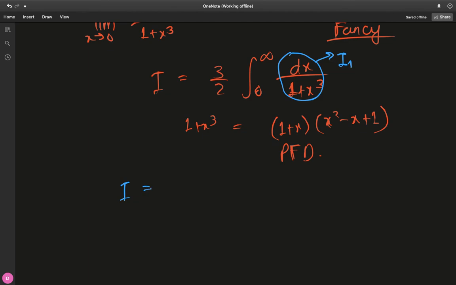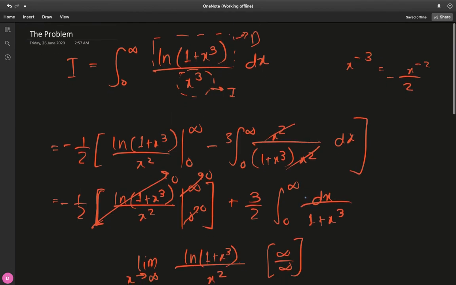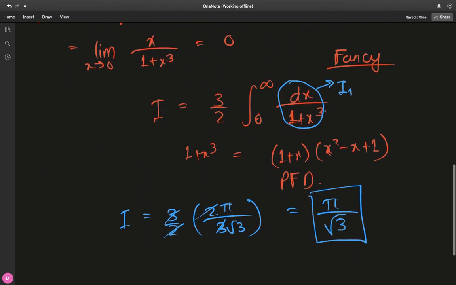So the result we obtained after everything is 3 over 2 times, after complex analysis of this, 2 pi over 3 root 3. The 2s and the 3s will cancel out, giving us our final I equal to pi over root 3. So this is just equal to pi over root 3, and that's a really nice way of calculating this integral.